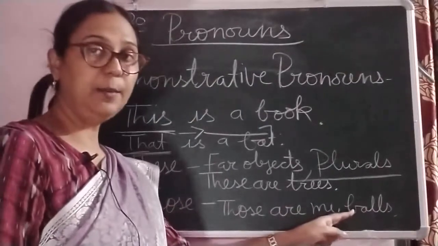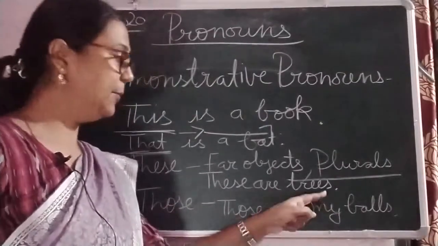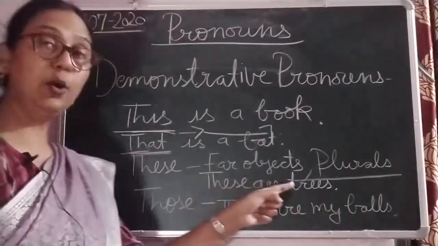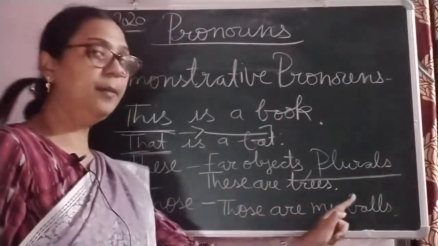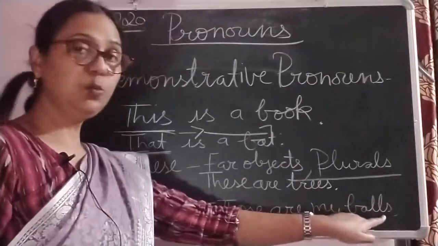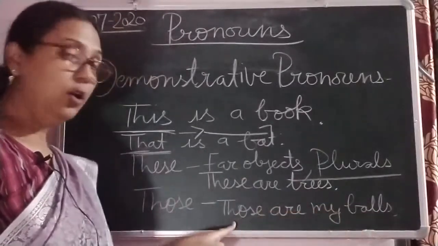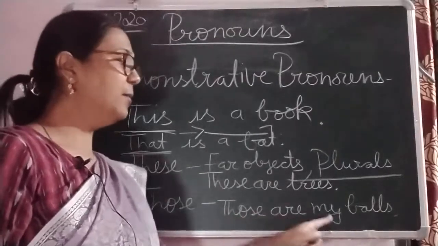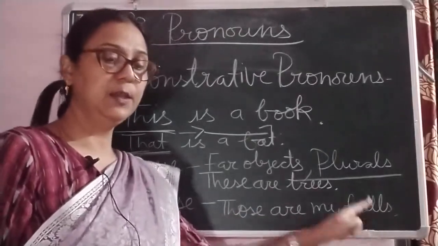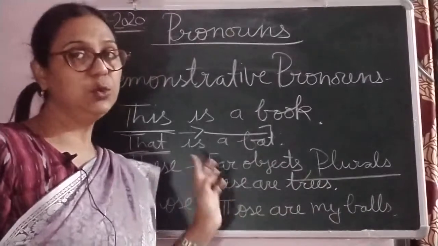I am giving two examples over here. First is for a far object, and here those are my balls. It is far, but here you can see it is plural. So here we are not going to use that, we are using those. So those are my balls. So this way we can do.